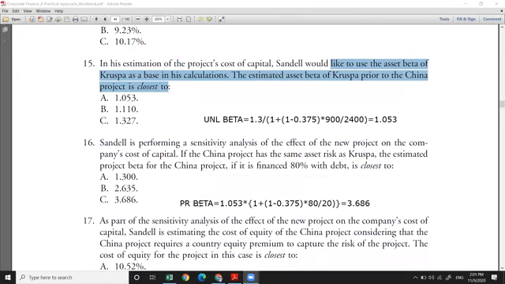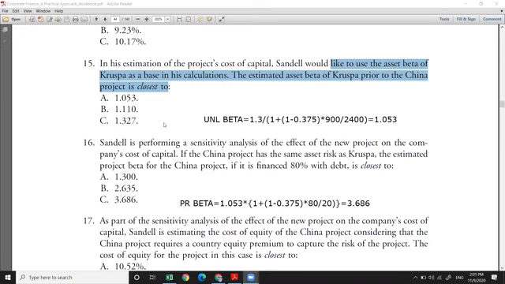In question 17, you're asked to calculate the following. These questions are all correlated, okay? They're coming as one big question. As part of the sensitivity analysis, the effect of the new project on the company's cost of capital. Sandel is estimating the cost of equity for the China project, considering that the project requires a country risk premium to capture the risk of the project.